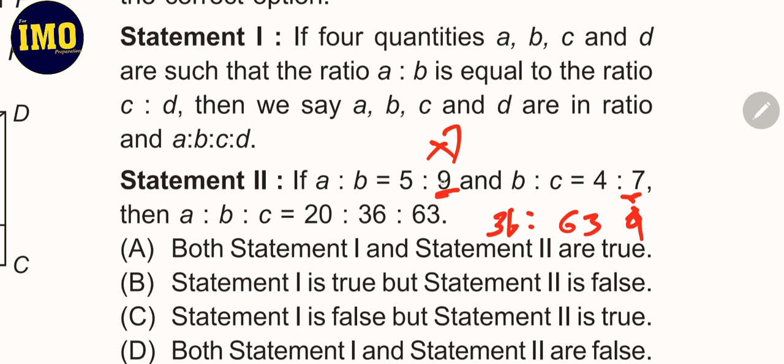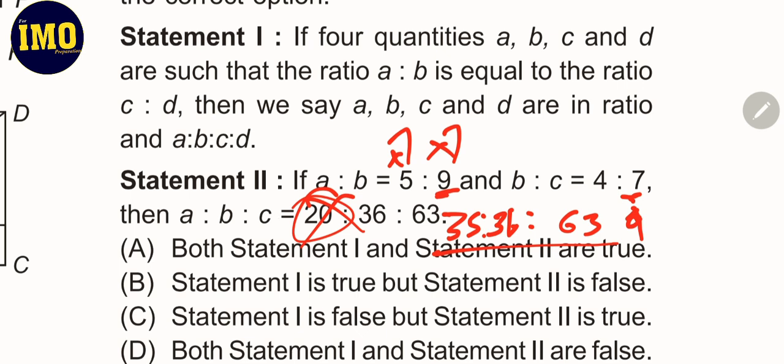And multiplying by 7, 5 times 7 is 35. So the ratio must be 35 to 36 to 63. Here is a 20, which is wrong, so this statement I think is wrong.